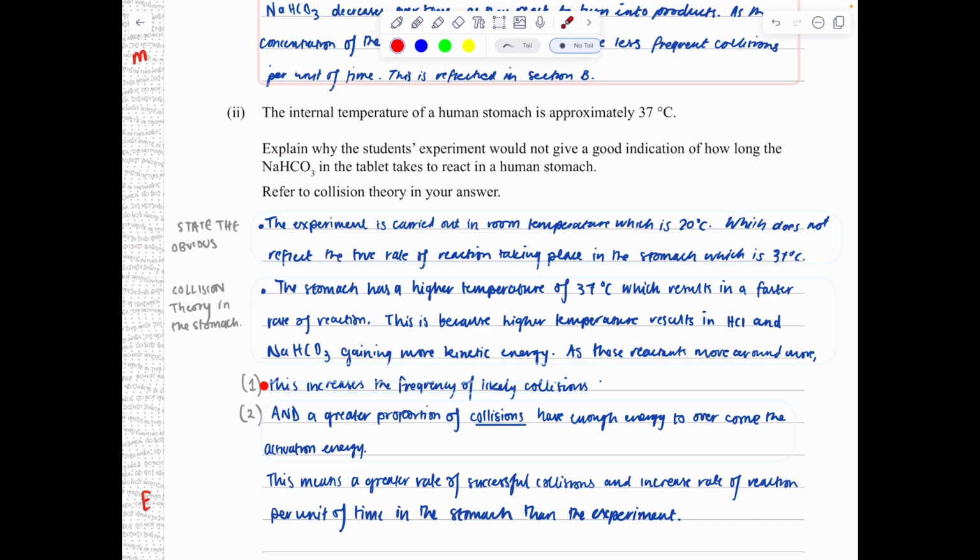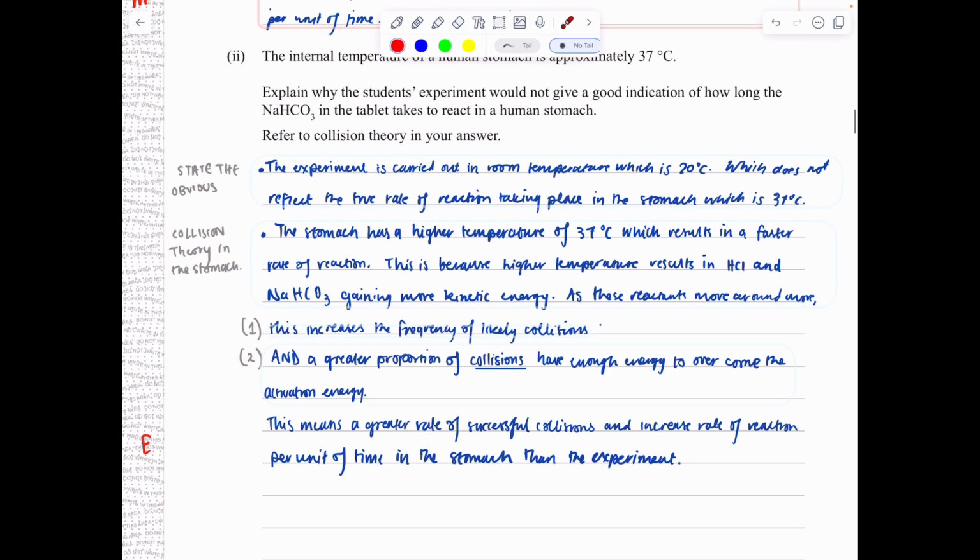So these are the two reasons you have to know in relation to temperature and how this impacts the rate of reaction, and you have to discuss them. Don't say that a greater proportion of particles have enough energy. It's the collisions, key point. This means a greater rate of successful collisions and an increased rate of reactions per unit of time, important to have that in the stomach, than the experiment.